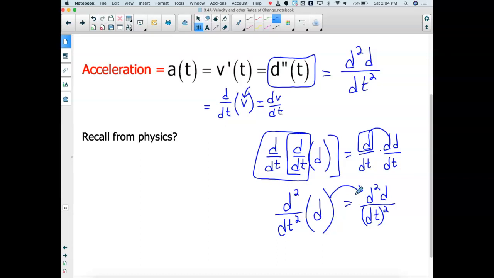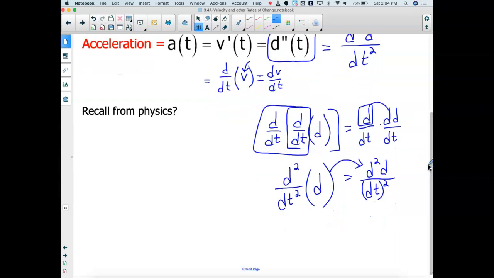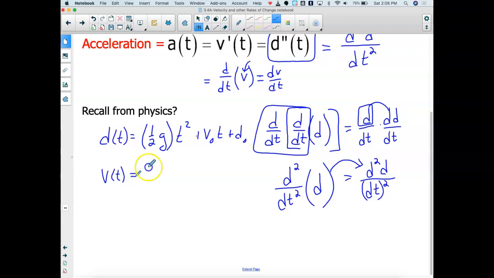The only thing, recall from physics, those of you that are in physics, we can make the connections here a little bit. Position in physics, what do you guys call it? One half, I think, g, acceleration due to gravity, times t squared plus initial velocity times t plus original displacement. And then your v of t is found to be what? Well, that's really d prime of t, okay?